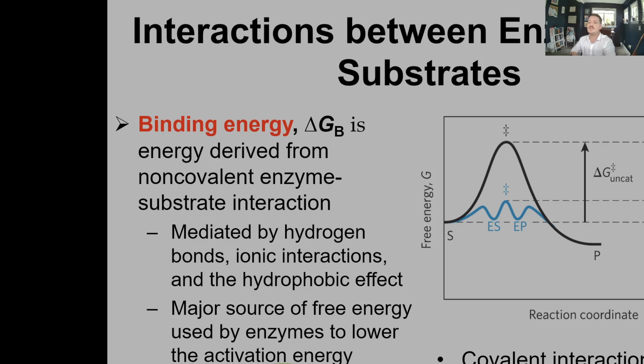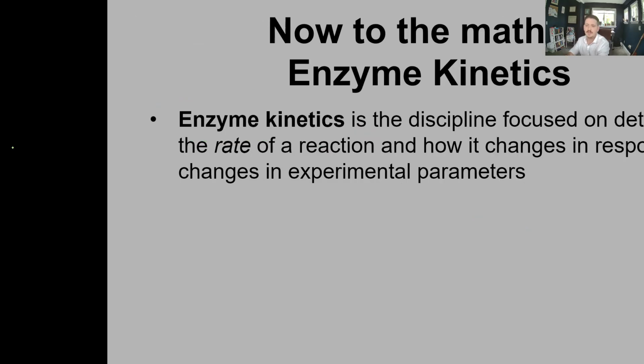When a substrate binds, even if it's not by a covalent bond, that initial binding may be by weaker molecular forces, such as hydrogen bonds, and forming a hydrogen bond releases energy in a similar way to a covalent bond. Less energy, but a similar kind of thing. And so the act of the substrate binding to the enzyme does release a small amount of energy that can help the reaction proceed forwards. But as I talked about before, it's somewhat of a minor point.